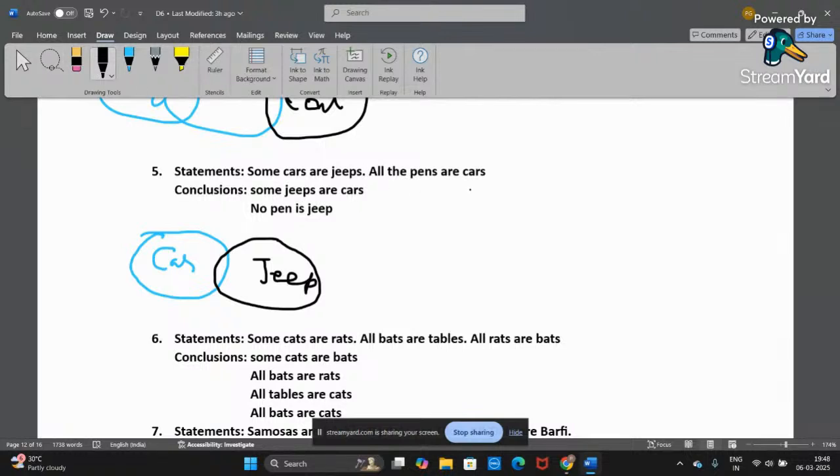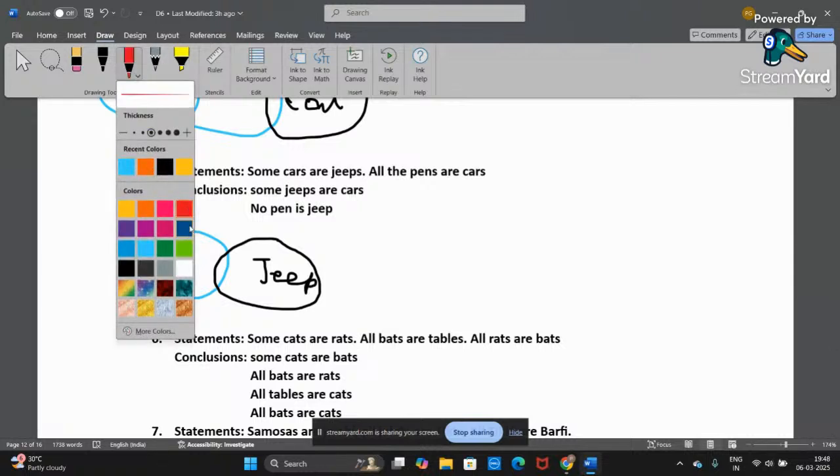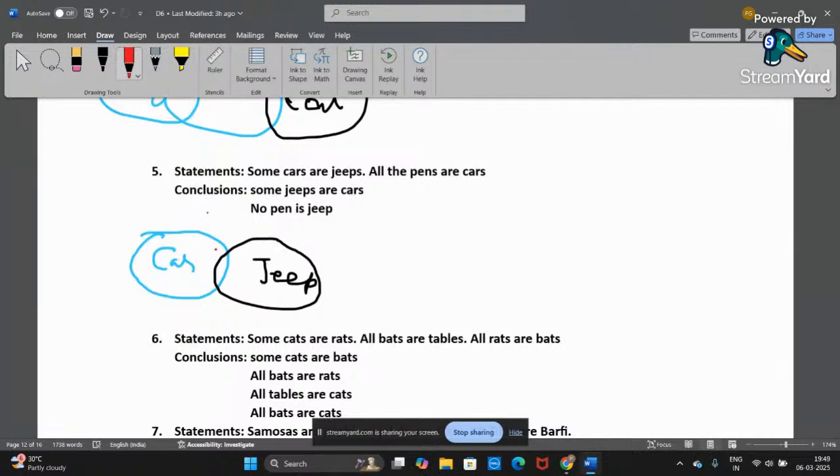All pens are cars. All pens are car means it has to be inside car because the statement is telling that all pens are car.